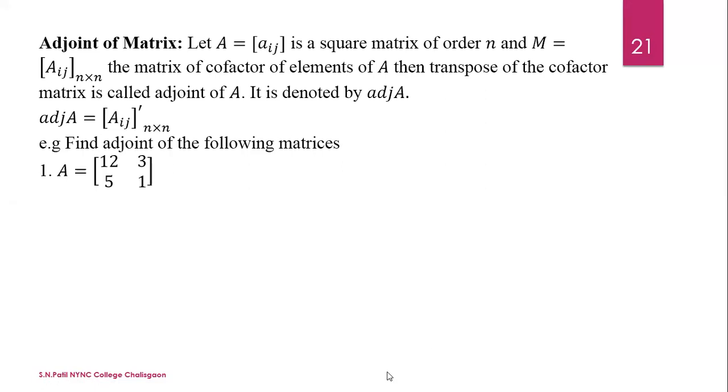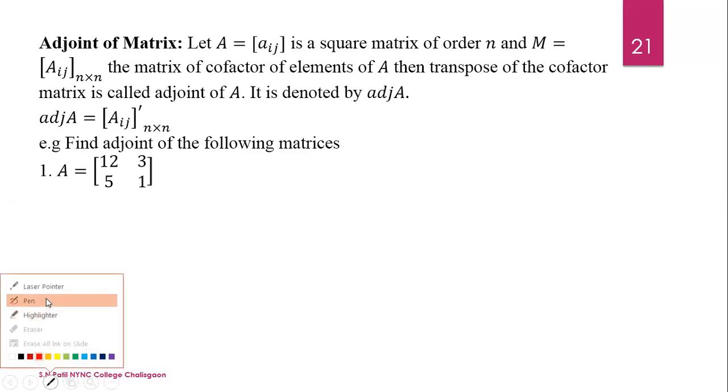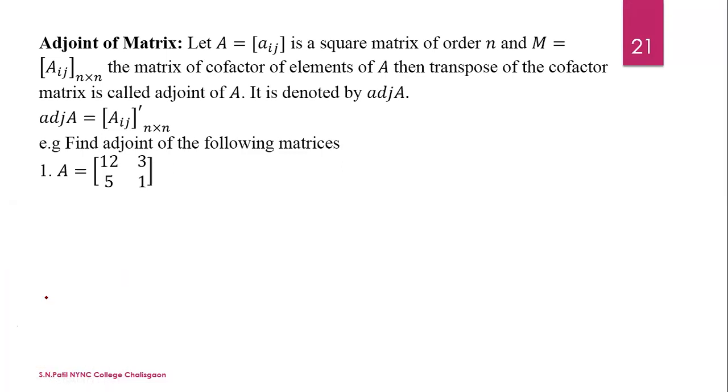Okay, what is the cofactor of matrix? Cofactor of matrix is defined as Aij is equal to minus 1 raised to i plus j into Mij, where Mij is the minor of that particular element.